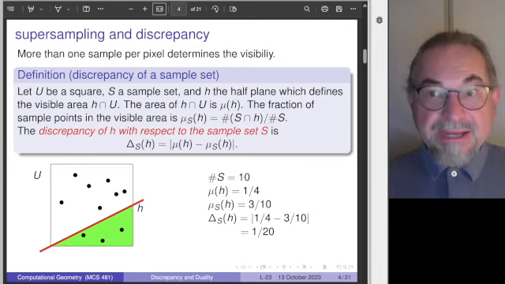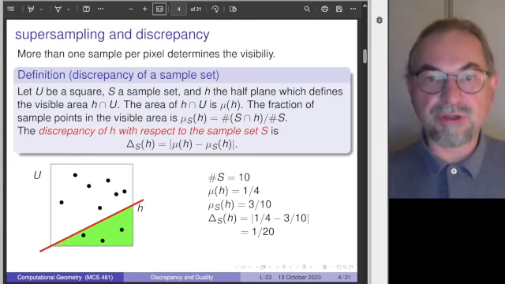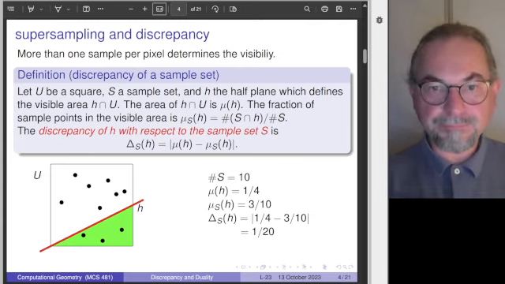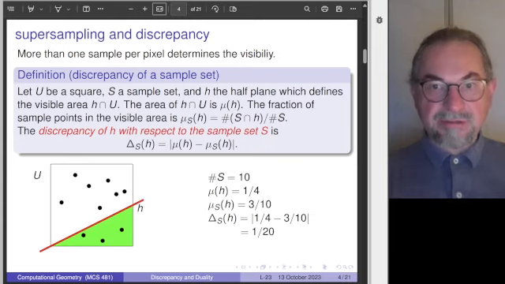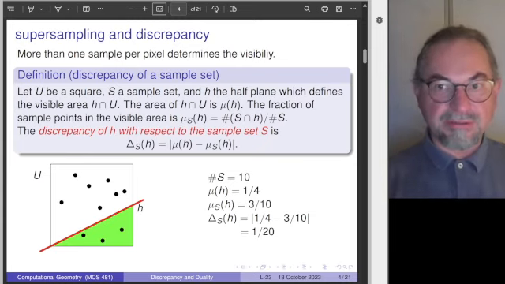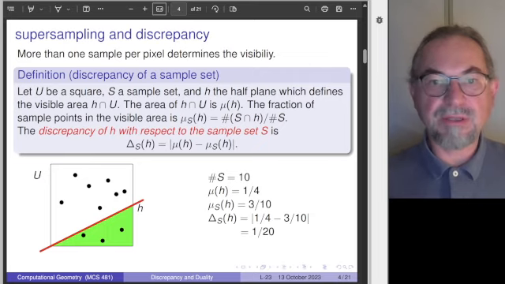The approximation actually depends on the portion of the sample points that actually lies in the half plane that cuts out this triangle here in the picture of the unit square.